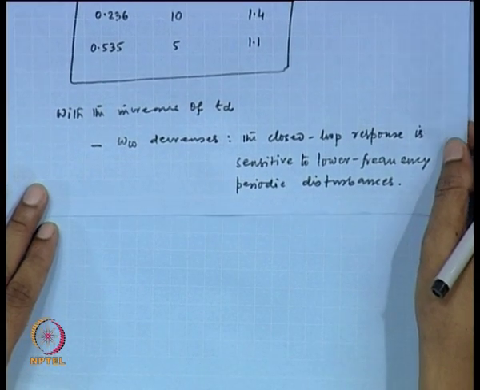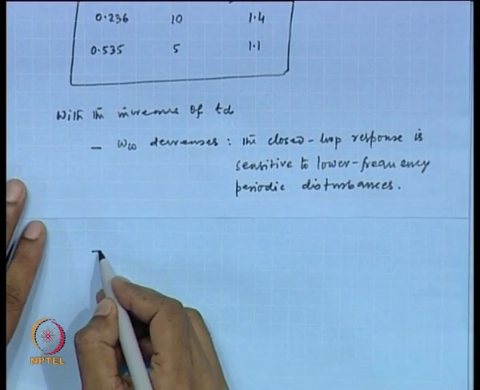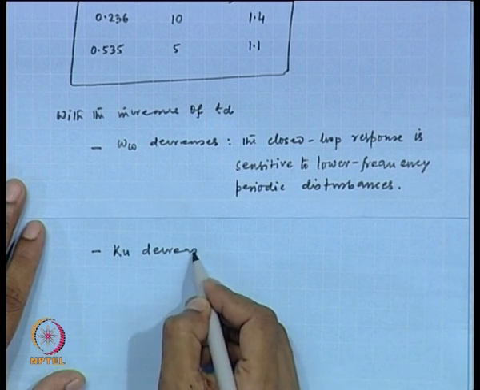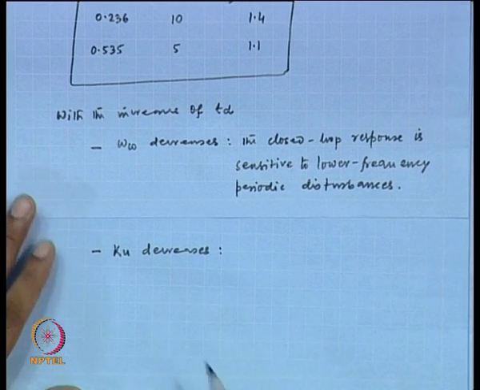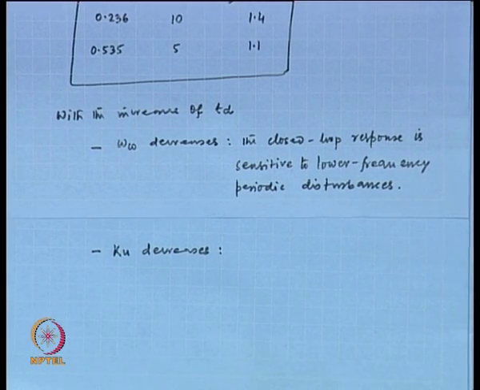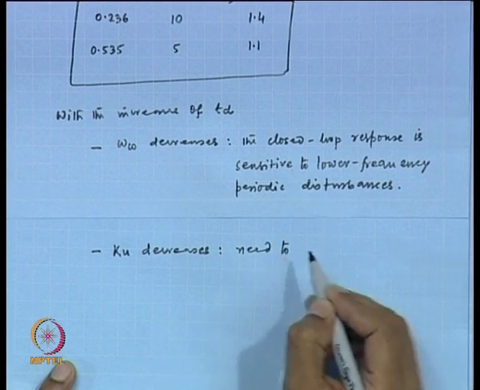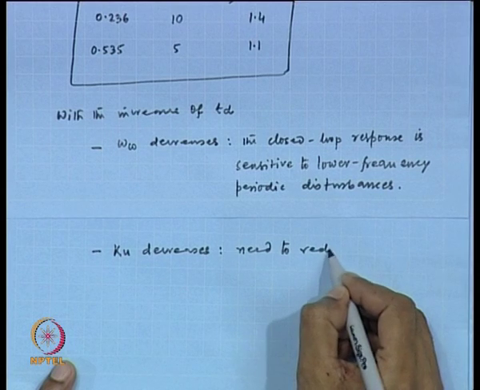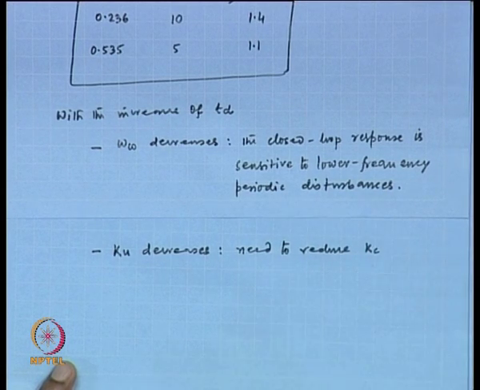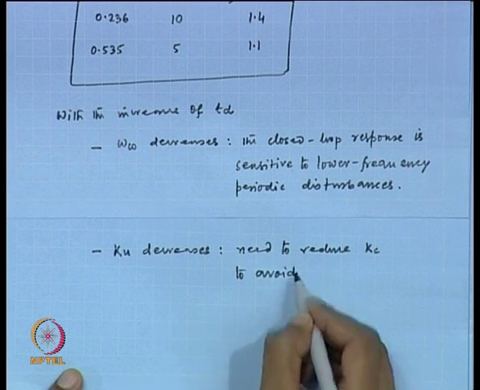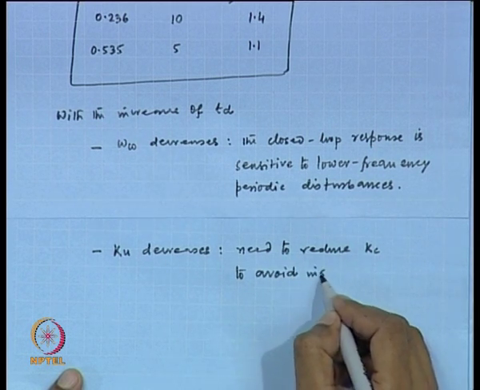Secondly, with the increase of Td, ultimate gain decreases. That means we are forced to select a low Kc value. I mean we need to reduce Kc to avoid instabilities.